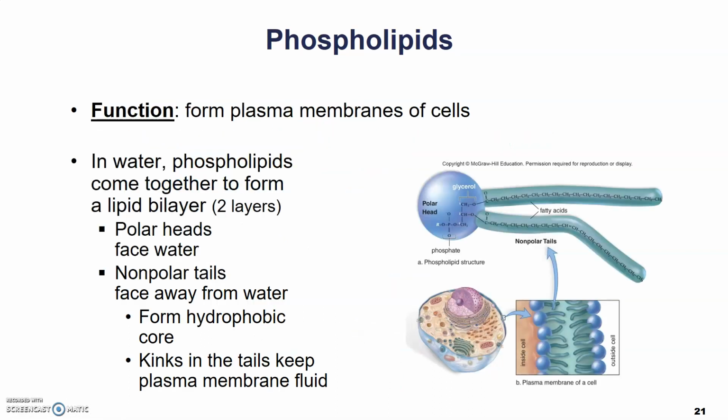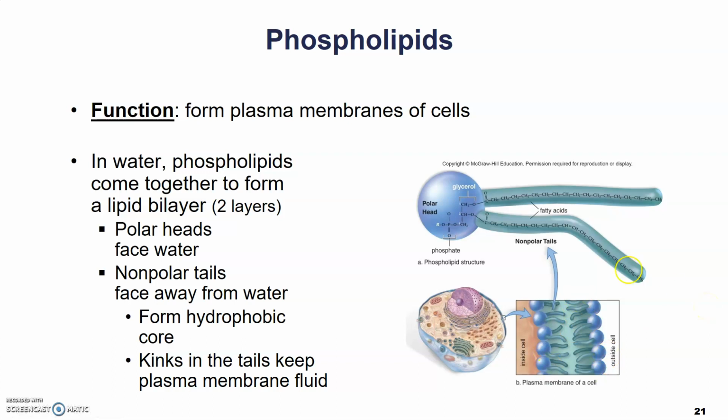And this is fortunate for us because the function of phospholipids is to form the plasma membranes, or the outside membranes, of all of our cells. And this works because having molecules like this in water will result in formation of what's known as a lipid bilayer, or basically two layers of phospholipids.